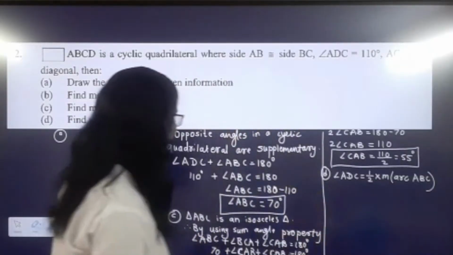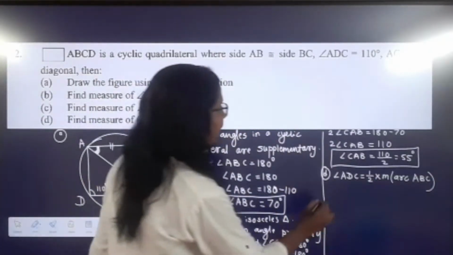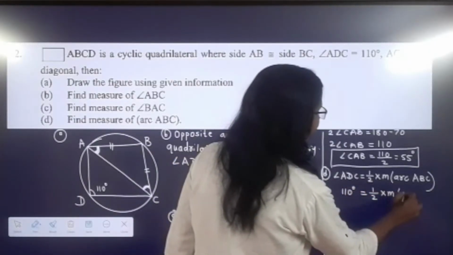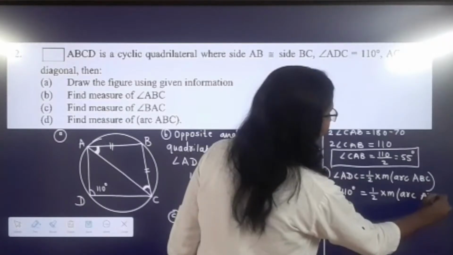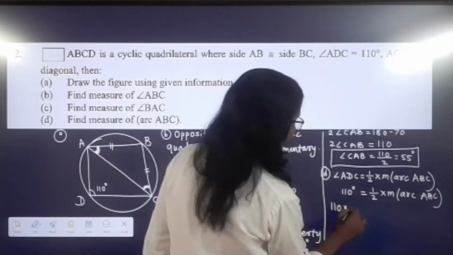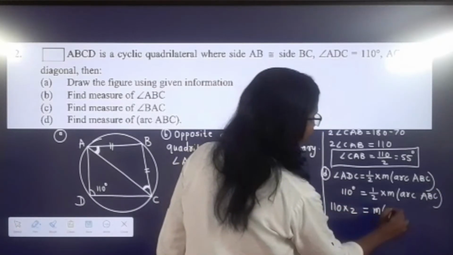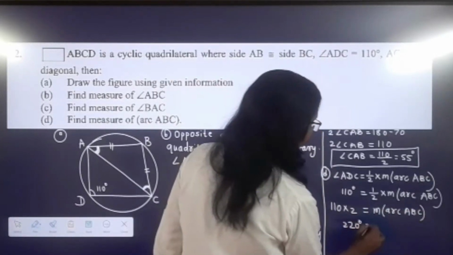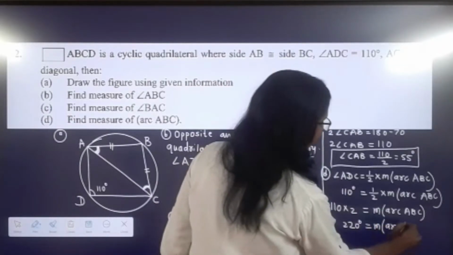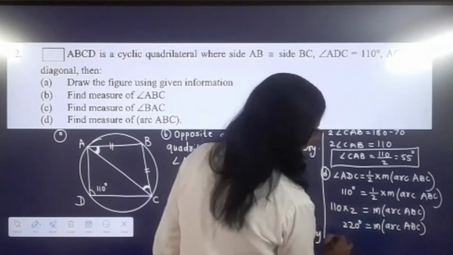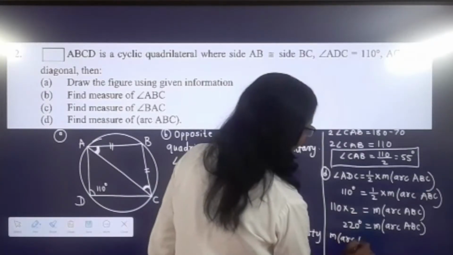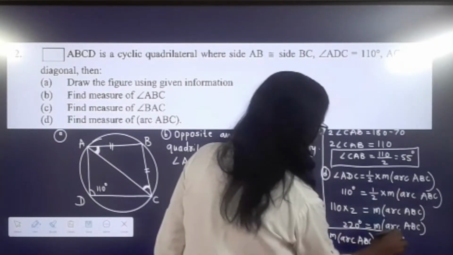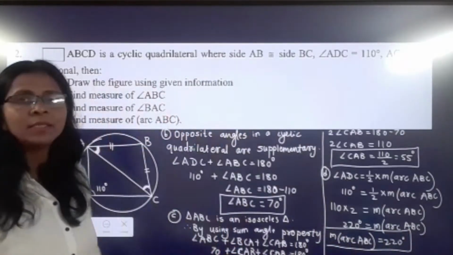So ADC, here, students, ADC is 110, so I write 110 is equal to 1 upon 2 major arc ABC. Then here, students, 110 multiplied by 2 is equal to major arc ABC. So here 220 degrees is equal to major arc ABC. So here, students, we write major arc ABC is equal to 220 degrees. Okay, students. So all these ABCD parts are over.